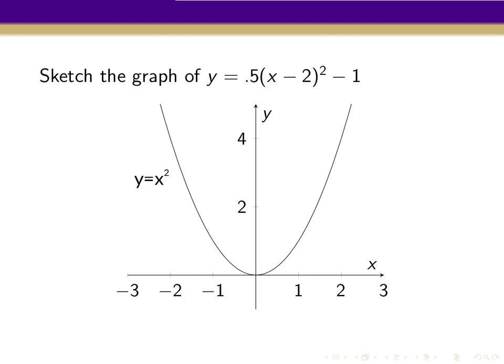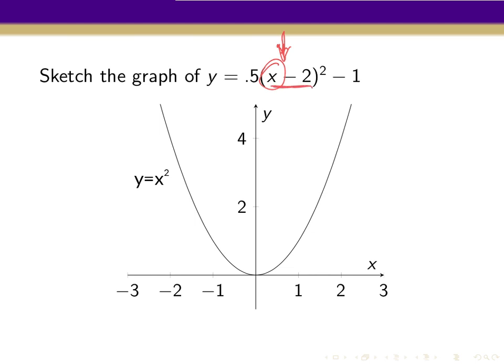The important thing in doing this is don't try and do everything all at once. Take it piece by piece, and you always want to start with x. What is happening to x first? So we're going to start here, and the very first thing that's happening to x is it's being subtracted by 2.